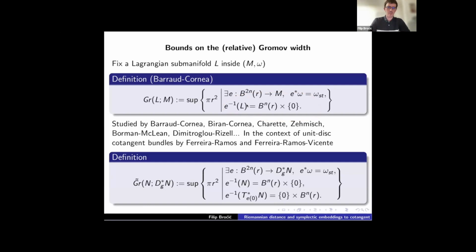And for our purposes, because I had this restriction on the imaginary part, I also want to introduce, for disk cotangent bundles, a modified relative Gromov width, which additionally asks that the pre-image of the fiber over the center of the ball is equal to the imaginary part.